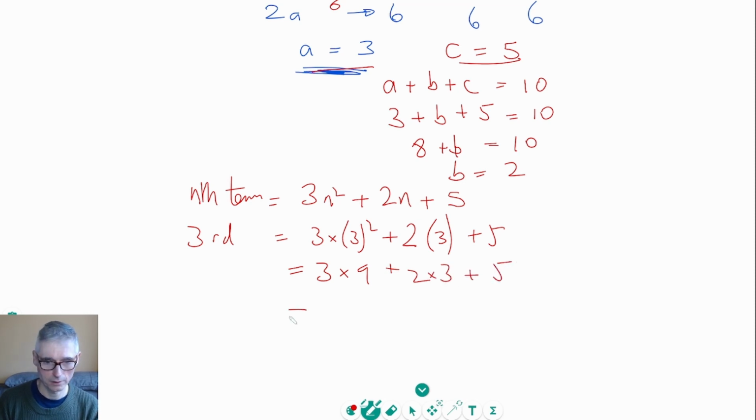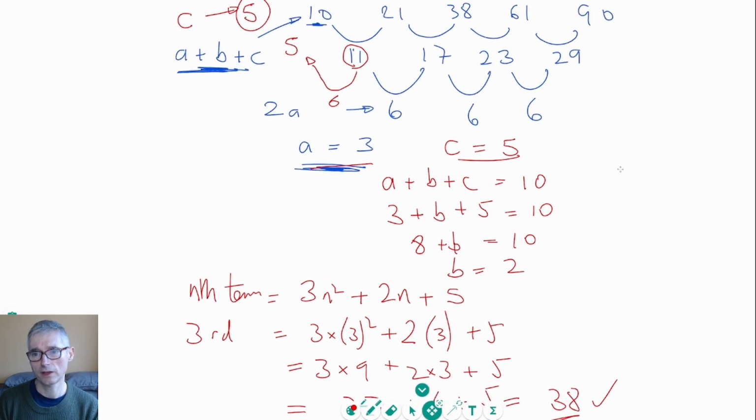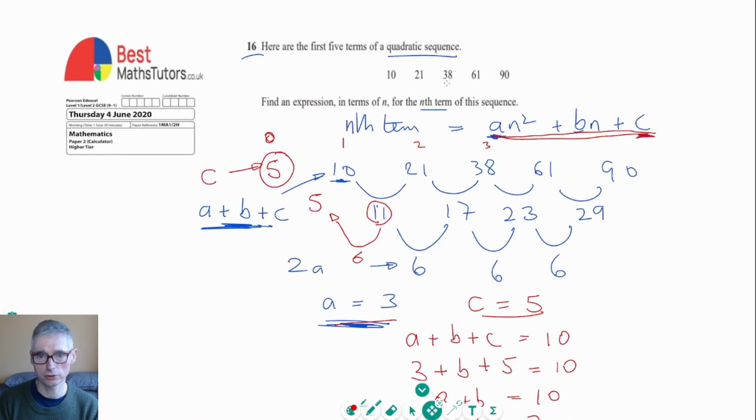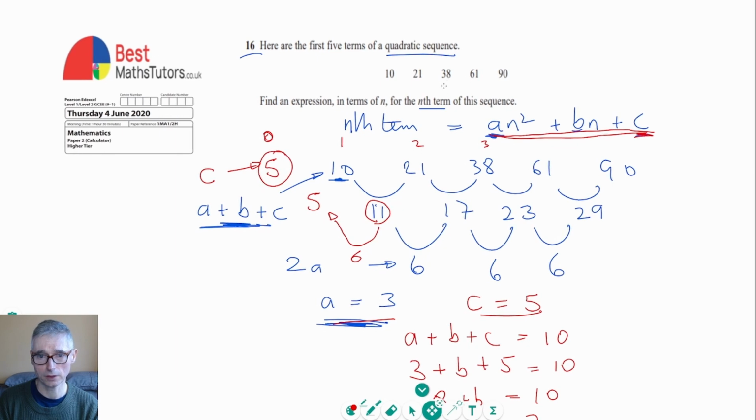So that's 27 plus 6 plus 5. And if we add those together, we do get 38, which is correct because that was the third value in the sequence. There we go.